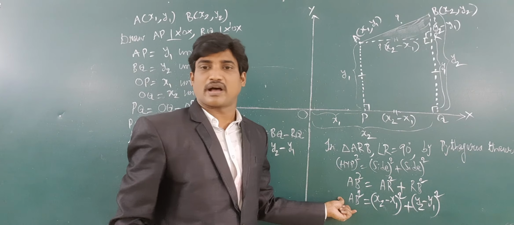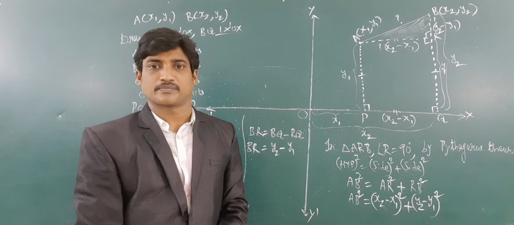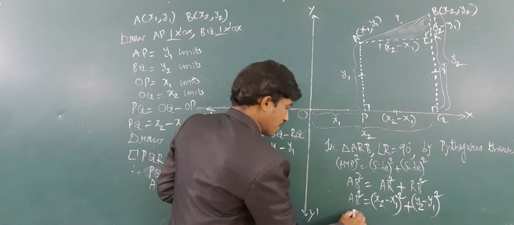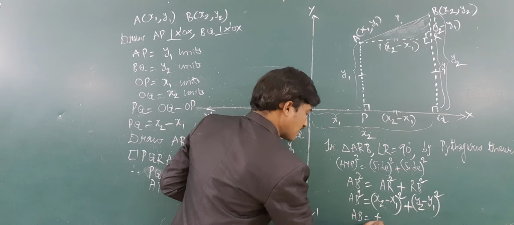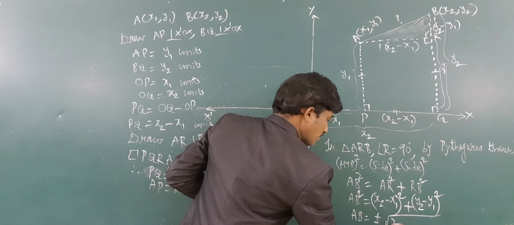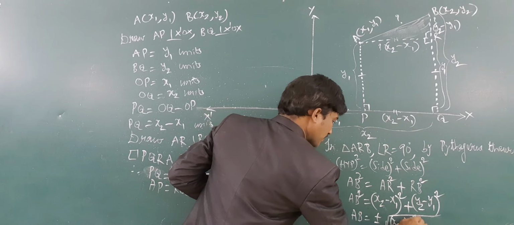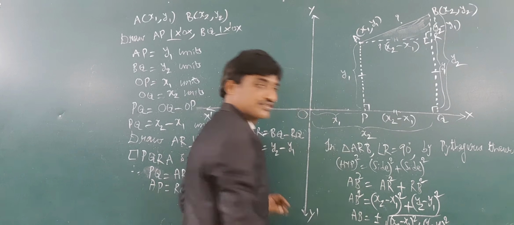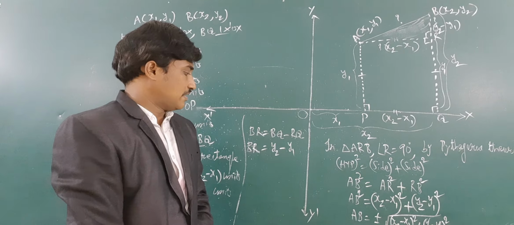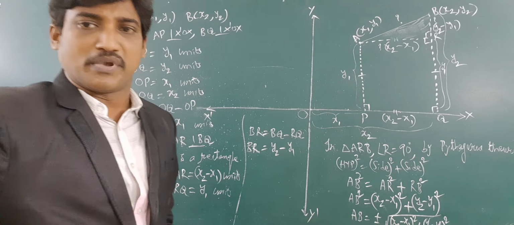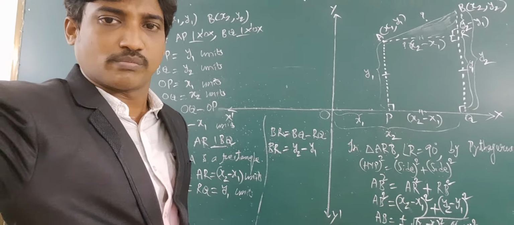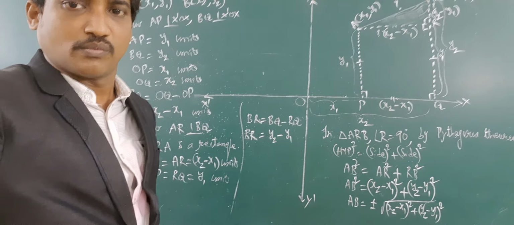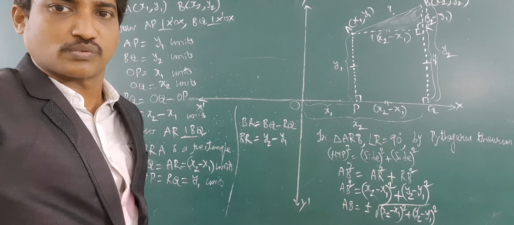To cancel the square, apply square root. So AB is equal to plus or minus root of x2 minus x1 whole square plus y2 minus y1 whole square units.